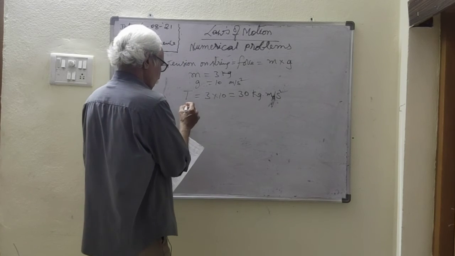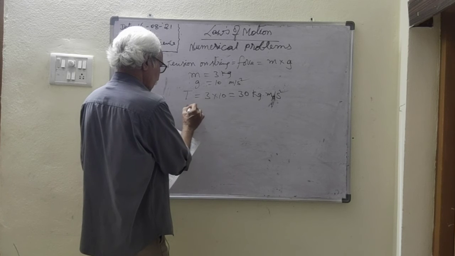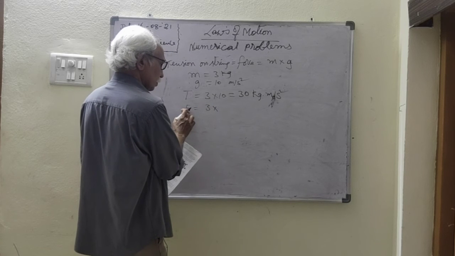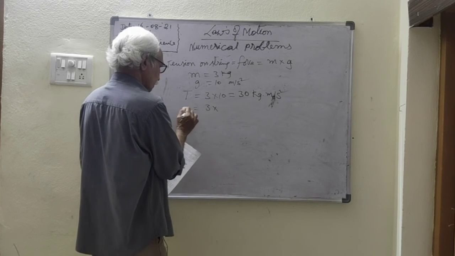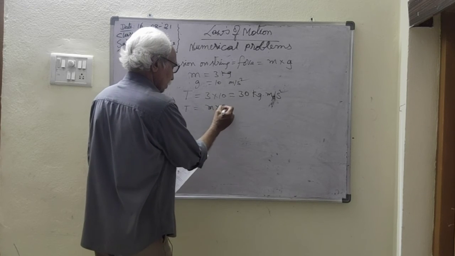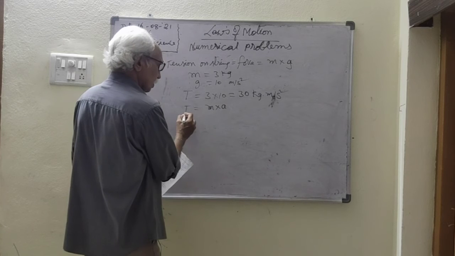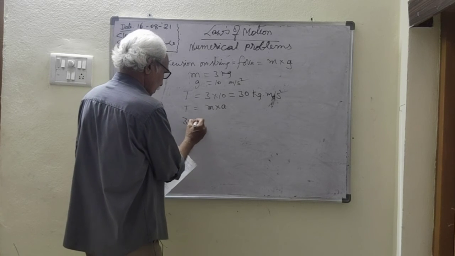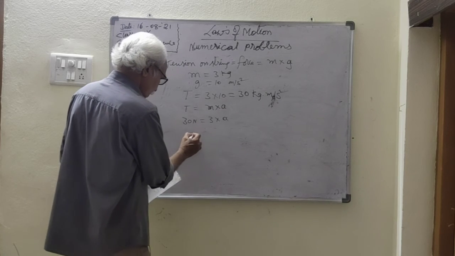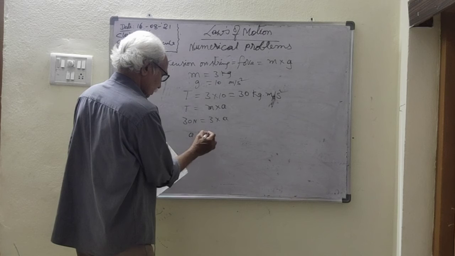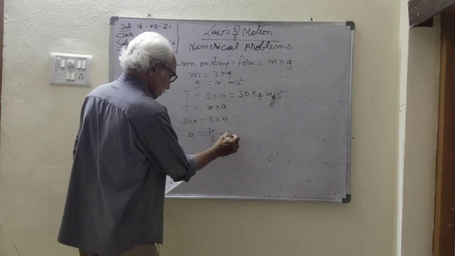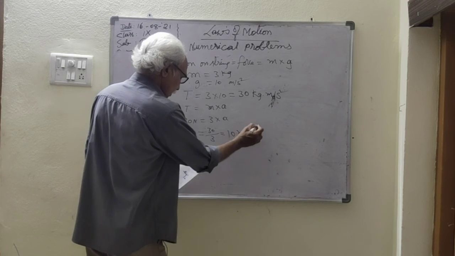Tension is equal to force, which is 3 into A. The same tension is equal to mass into acceleration. So tension is 30 newtons, equal to 3 into A. Then A is equal to 30 by 3, that is 10 meter per second square.